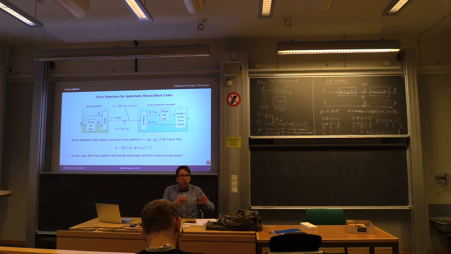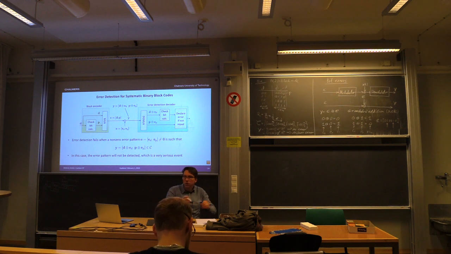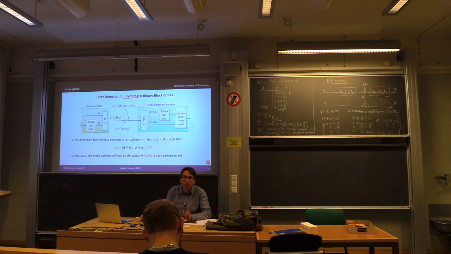But to summarize what I did here, hand waving a little bit, this is error detection for systematic binary block codes. Binary just means that there are bits in, bits out. So at the input, we have the data, the payload.